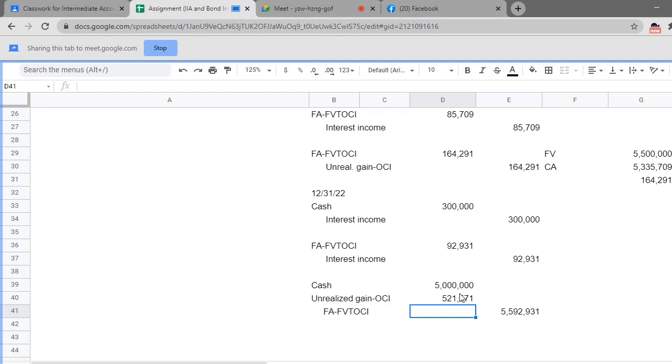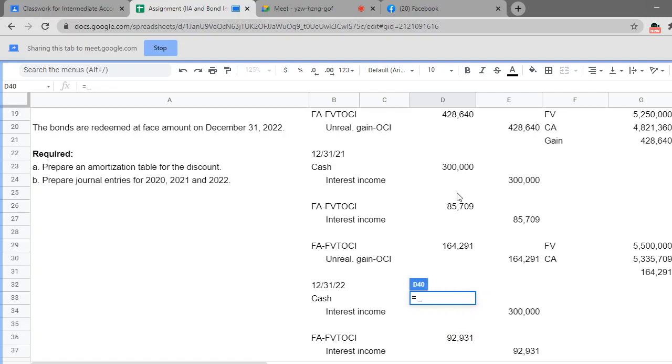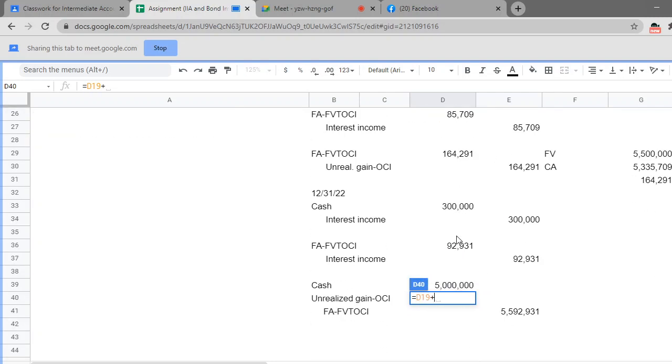Ala, dili lagi pariha. Wait. 428 plus the 92 ba? Ay, ara di ay 164. Okay, 592,931. So, total 5,592,931. So, balance lang siya.